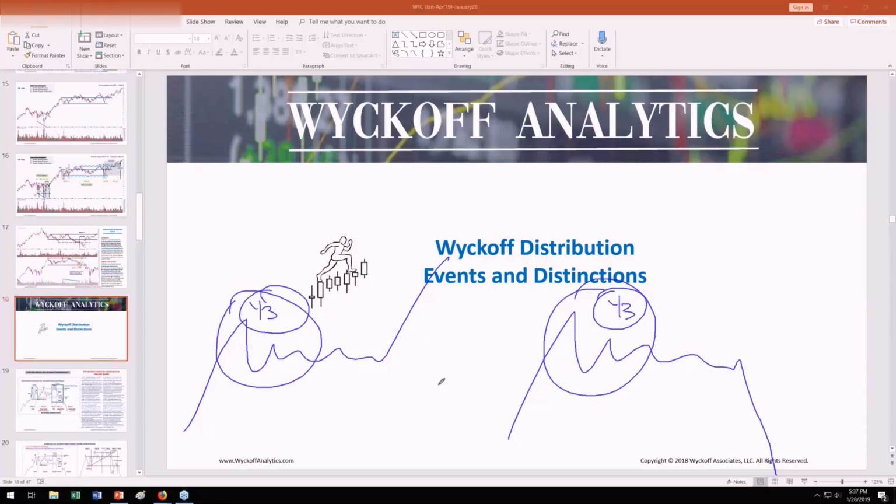Now, this statement is correct and erroneous at the same time, because yes, in some instances, the trading ranges, with different bias, reaccumulation and distribution, are going to start the same way. And actually, I have an exercise for you for the second month where we're going to look at something like that. And yet, the resolution of these trading ranges is going to be different. So we'll talk about that difference more.